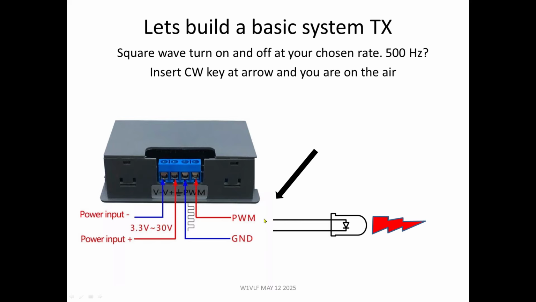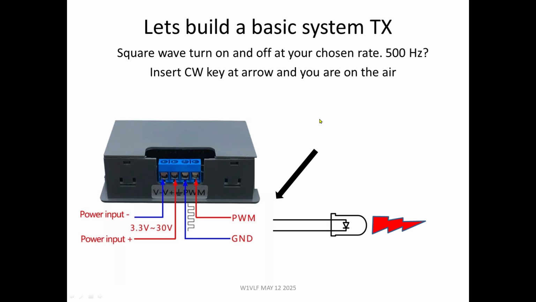When you key the transmitter, you connect this connection to here, and what happens is the LED sends out a pulse, a dot or a dash of say 500 hertz, like we talked about before. So building something like this can be incredibly cheap and fulfilling.